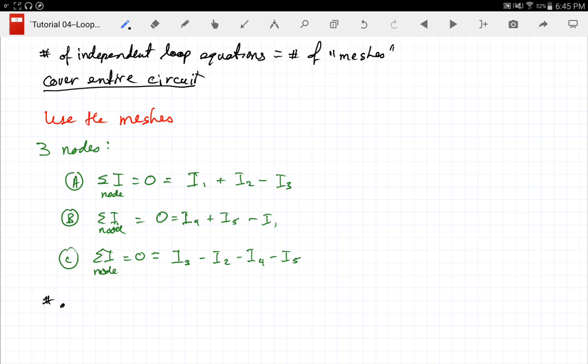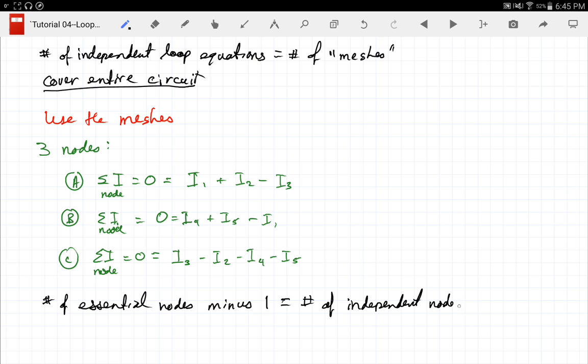The number of independent node equations equals the number of essential nodes minus 1. So I had 3 essential nodes. Only 2 of these are independent.